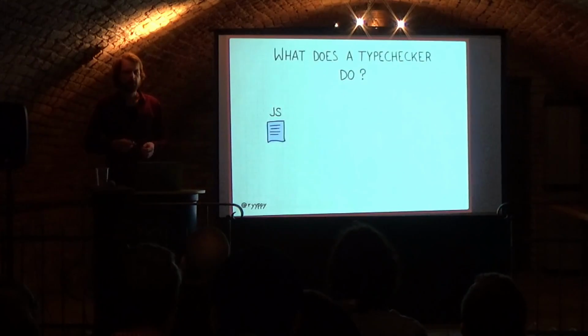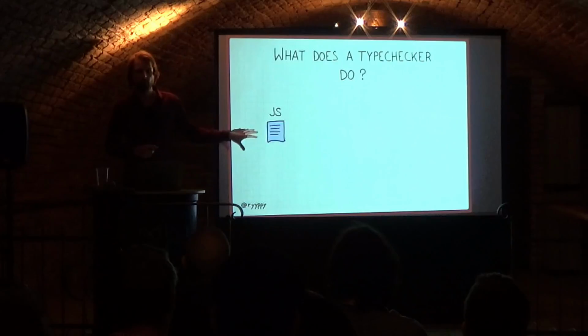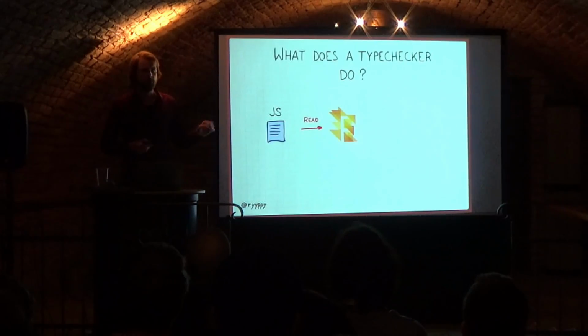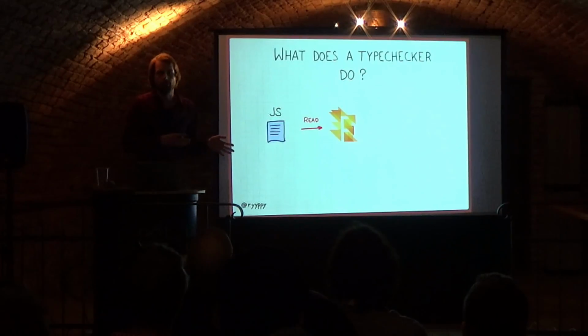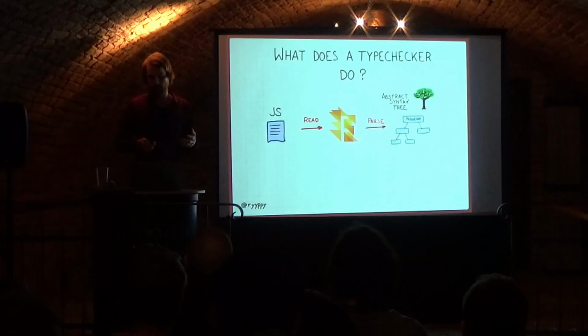To get a little bit more technical, what does a type checker do? What happens on the file system? We have JavaScript code somewhere, and the Flow service is going to be a process in the background. It just starts a daemon, it indexes all the files of your project and parses them.